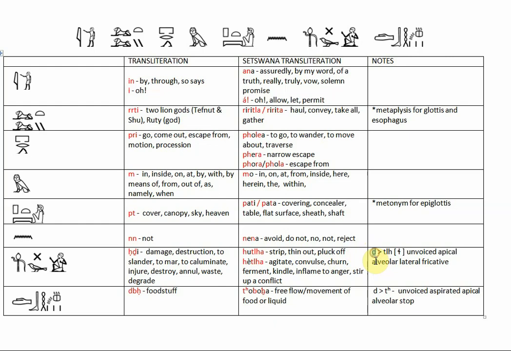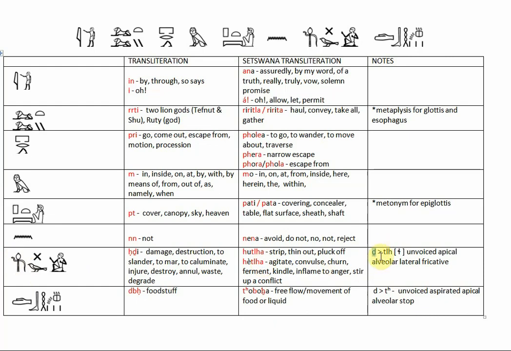The D with the macron below, it's a j sound here according to linguists, but I have found that it is also a tl sound, which is unvoiced apical alveolar lateral fricative. In Setswana, in words where you find this ureus snake, we have that sound.